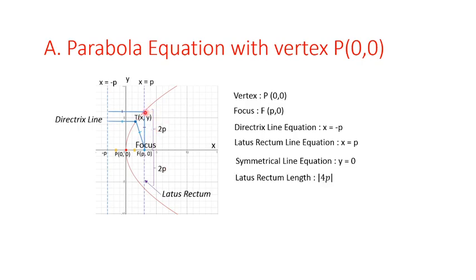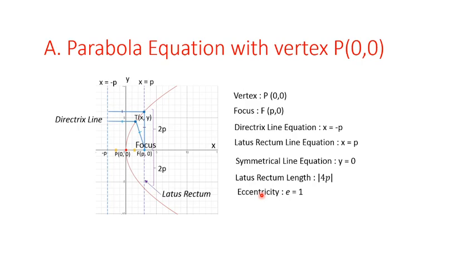The Latus Rectum length goes from this point to this point. What about eccentricity? Eccentricity of the parabola equals 1, since eccentricity is the ratio between the distance from any point on the curve to the focus and from that point to the directrix line. Since it is equidistant, the eccentricity equals 1.